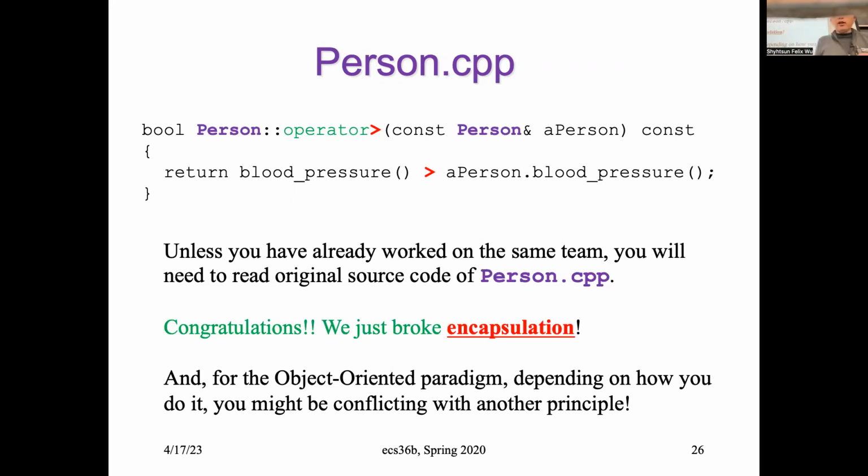But operator overloading essentially breaks the principle of encapsulation in some cases, if you need to see the source code of the operator overloading implementation. In practice, if you don't have to reveal the source code and people won't be confused about the semantics of your function implementation, then don't worry about that.